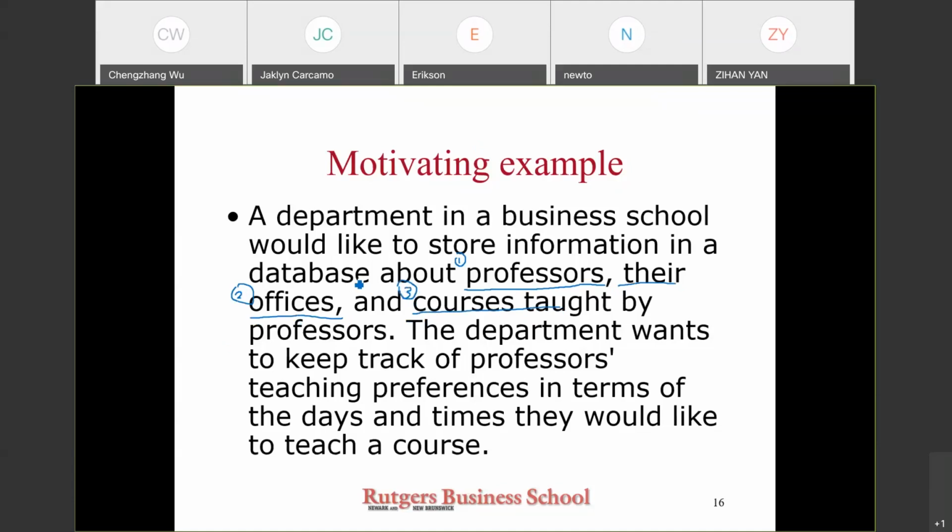In addition, the department wants to keep track of professors' teaching preference in terms of days and time. So the fourth object is teaching preference.